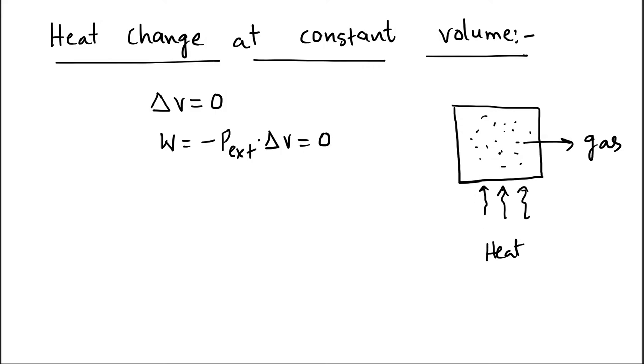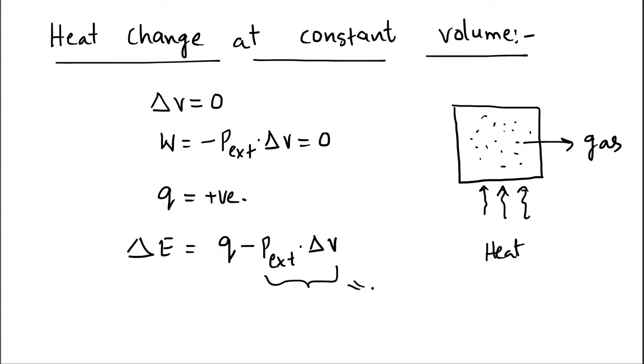Now here heat is supplied to the system. So therefore Q is definitely a positive term here. Okay, now let's take the formula. What is the first law of thermodynamics? Delta E equal to Q plus W. Now I replace this W with negative P external times delta V. And for this process, where we are transferring the heat at constant volume, this term is going to be 0.